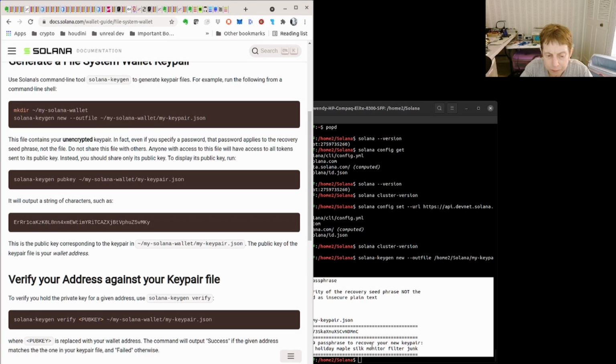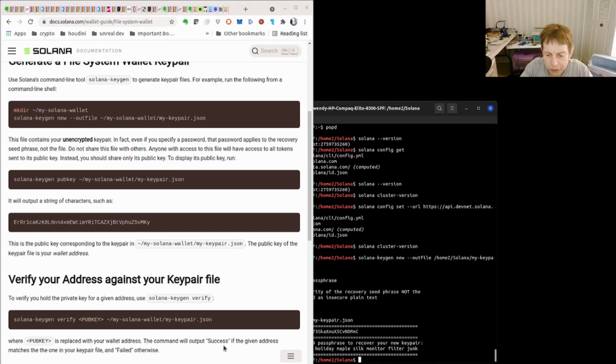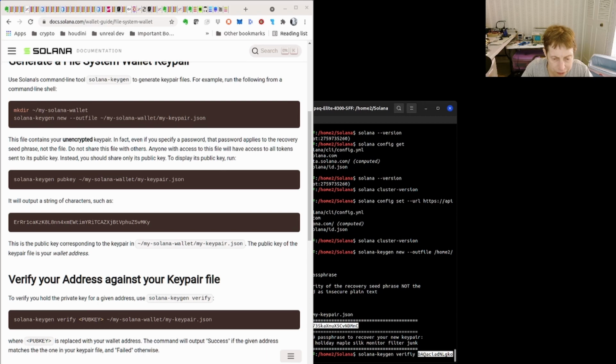And in order to verify it, we're going to do solana-keygen verify, and we're going to put this big long, this is our public key. Remember, this is where you're sending it to. Did I spell verify right?